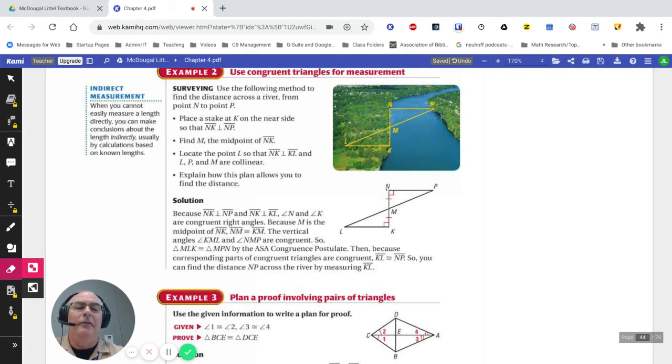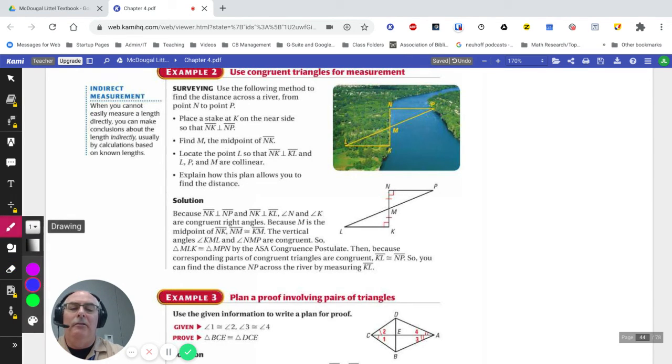Now what I have to do, if I want to know that the two triangles are going to be congruent, I have to know, are my hypotenuses congruent, and do I have a leg congruent as well? Well, in this case, what I know is that when I draw this, I'm by definition making M the midpoint. And if M is the midpoint of LP, then I know the two sides are going to have the same length. The midpoint cuts it in half.